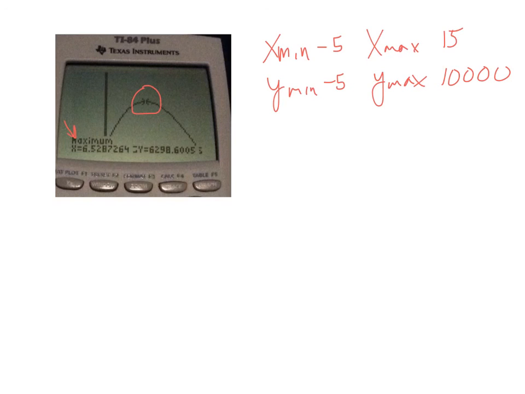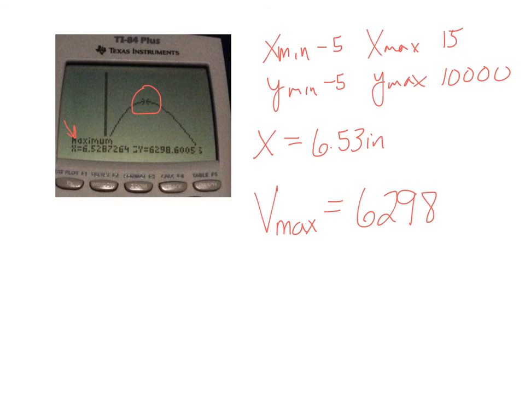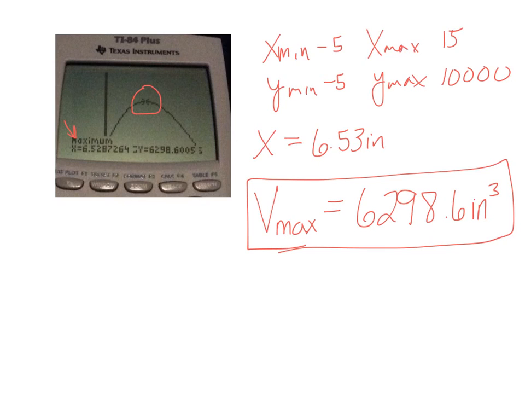And I got a maximum. If I cut a little square out of the corner of 6.528 or 6.53 inches, I'm going to get the biggest volume I can get. And the biggest volume box I can get out of that piece is 6298.6 cubic inches. And so that's the answer to the second question that was asked. Okay, so again, that's number 10.